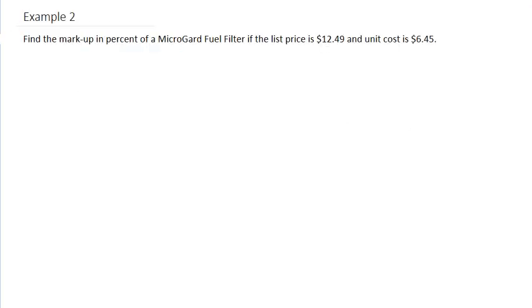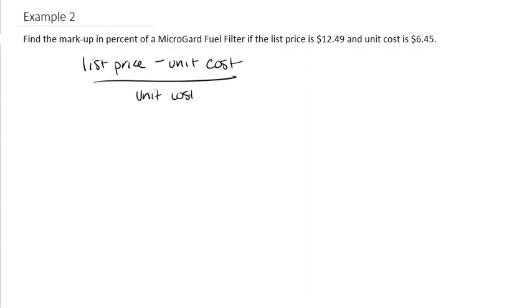Example 2. Find the markup in percent of the MicroGuard fill filter if the list price is $12.49 and the unit cost is $6.45. So we remember that we have the list price minus the unit cost over the unit cost times 100, which will give us the markup in percent.